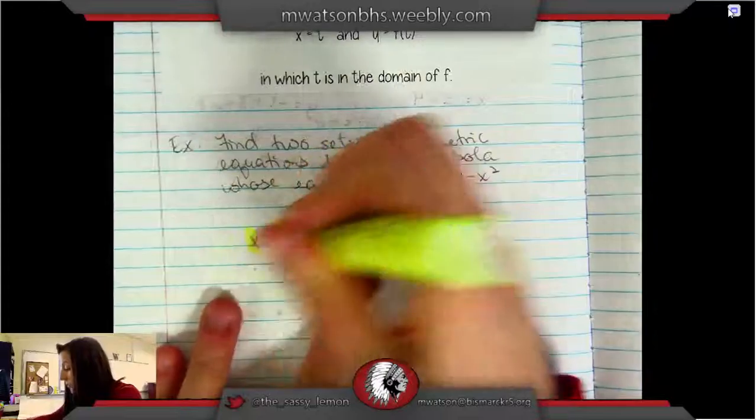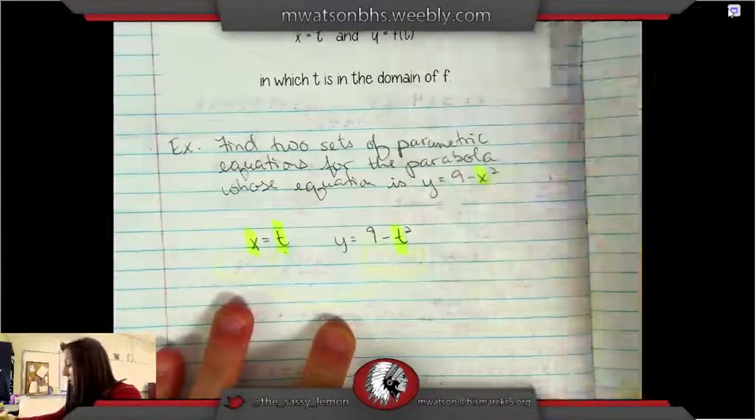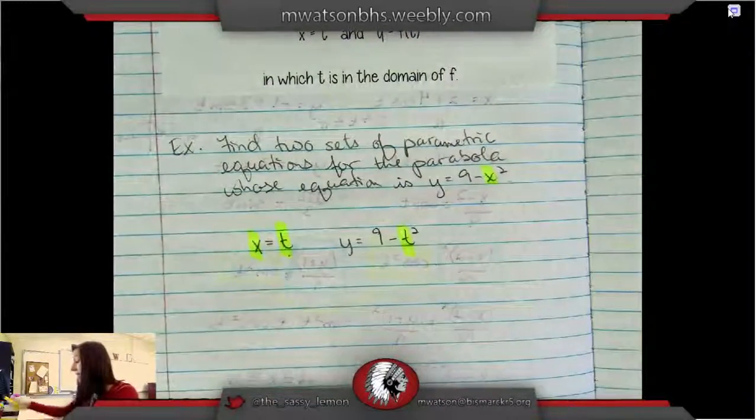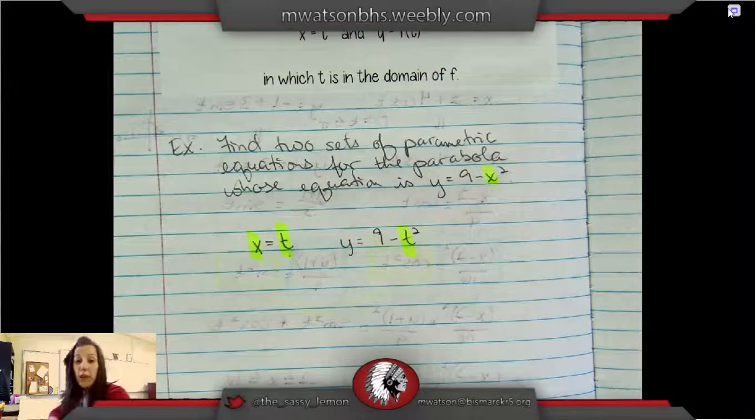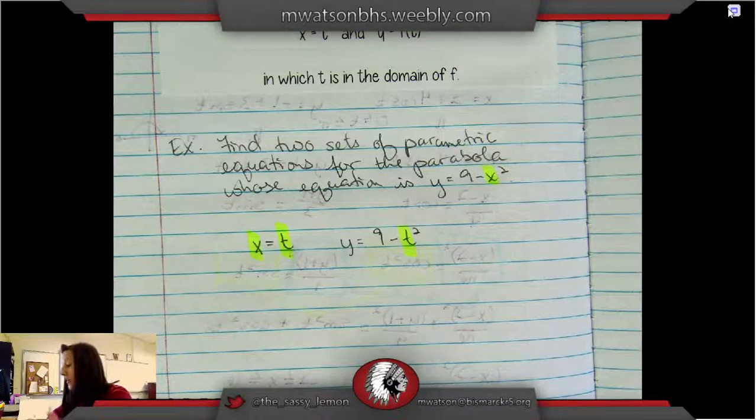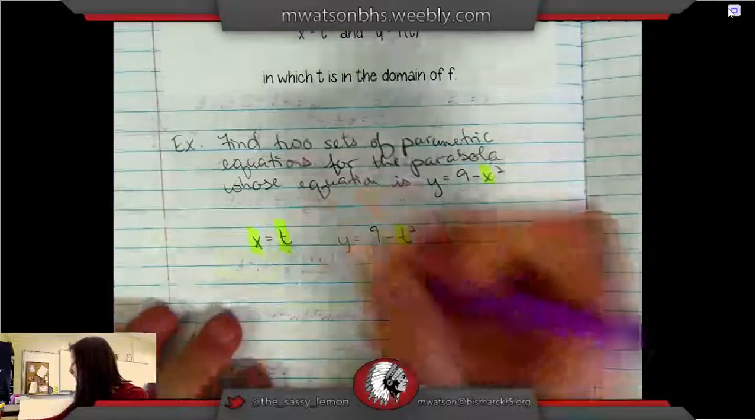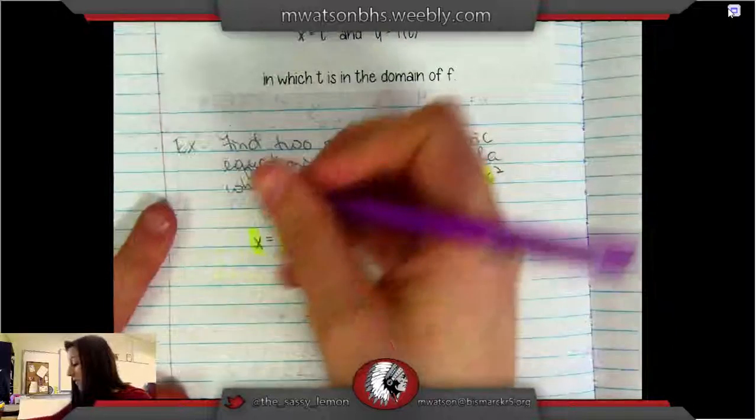So x equals t, so substitute x with t. And that's it. You just create a set of parametric equations. And this one will look exactly like that, except it's going to have a direction. And we would have to graph it to see what that direction is. But that's basically it. You have to start with choosing a substitution.